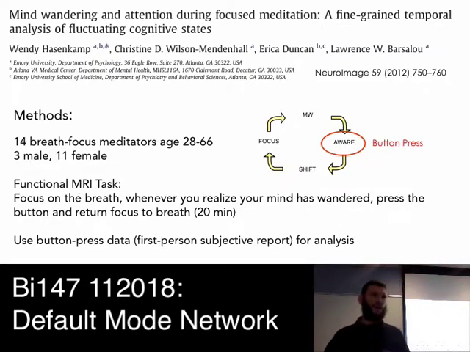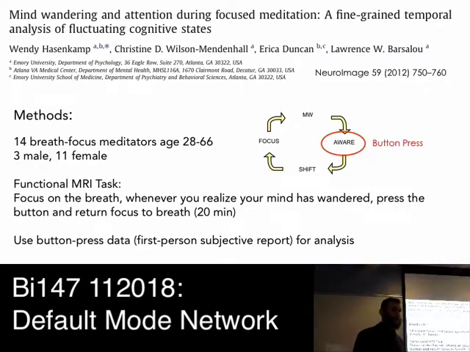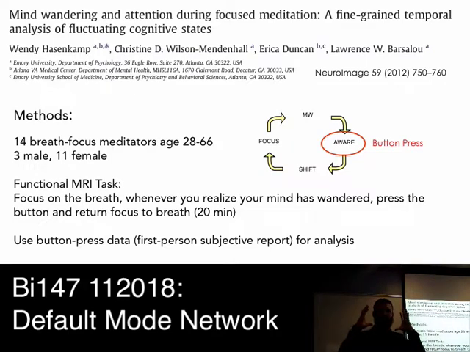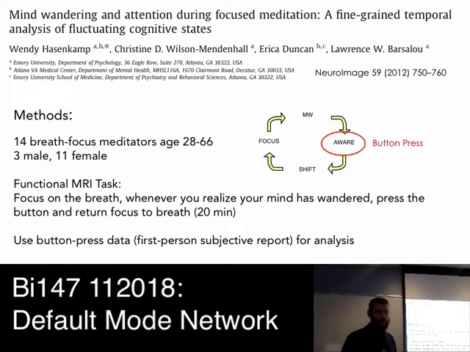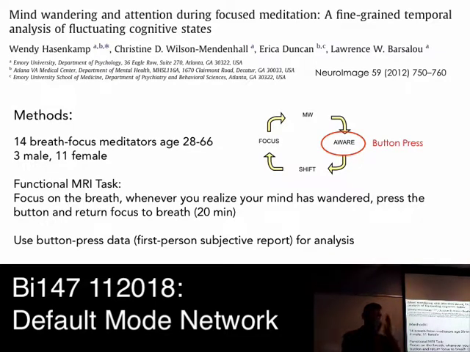And they stuck them in one of these functional MRIs. It's a big MRI tube that looks at blood flow in a brain region, which is correlated with functioning in that brain, right? Stuck them in the big magnet, and they were meant to focus on their breath.